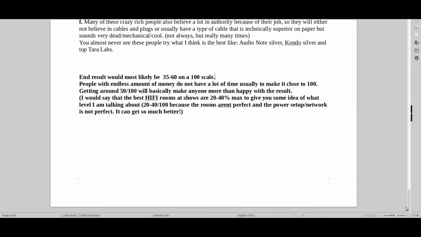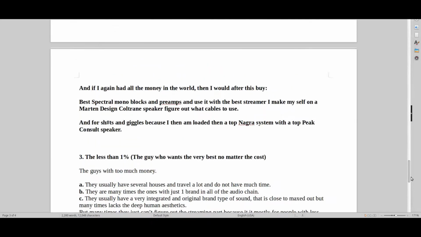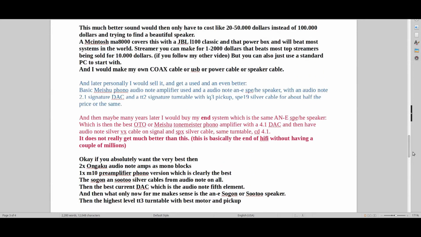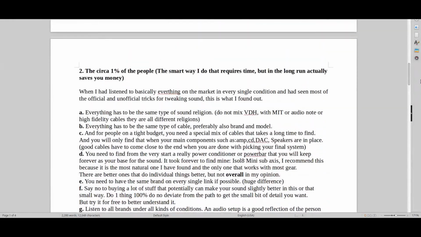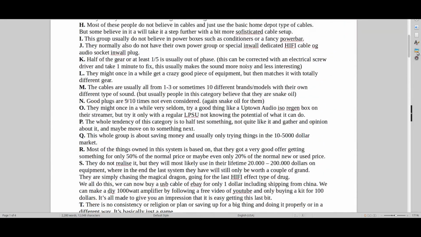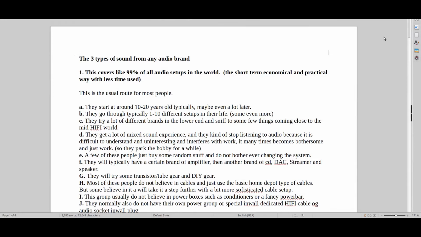And that's basically everything, guys. So I'm just going to quickly scroll it up so you guys can see what I went through. And this is basically my story of having listened to most of the equipment on the market the past circa 25 years, I think.